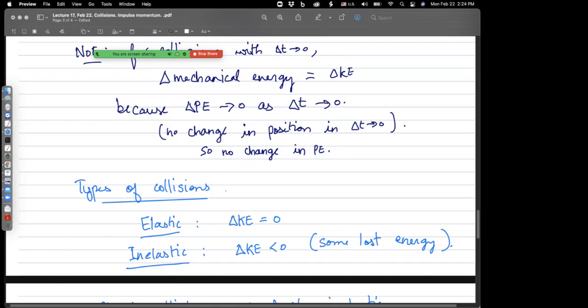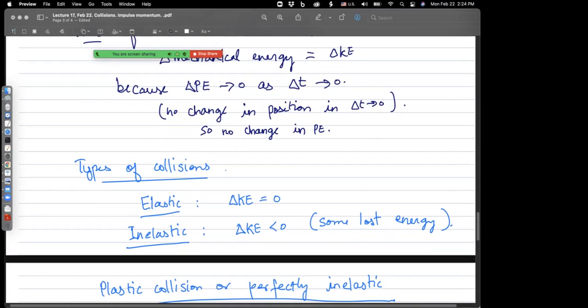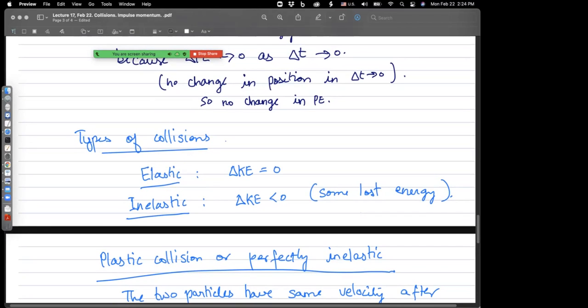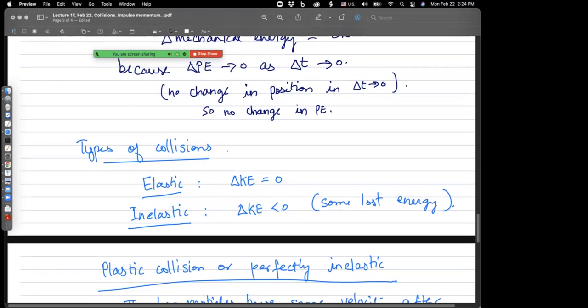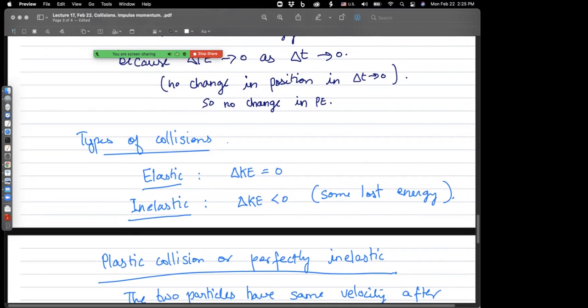And like we said, all collisions in the real world are inelastic. Elastic is a very special case, an idealization. And then there is a limit of inelastic, which is called plastic collision or perfectly inelastic collision, which is sort of the other extreme.